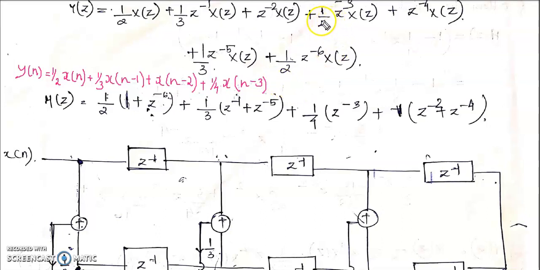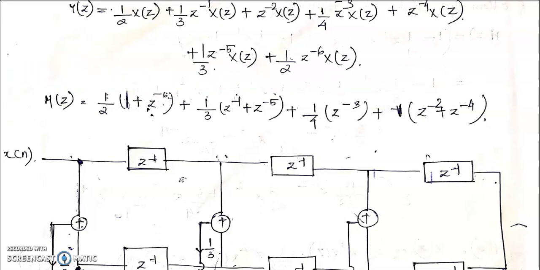Next is x of n minus 4, 4 unit delay. Then 1 by 3 x of n minus 5, 5 unit delay, and finally 1 by 2 x of n minus 6, 6 unit delay. This is the inverse z transform.